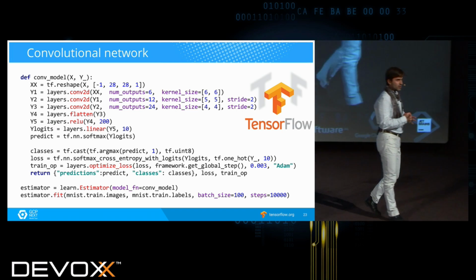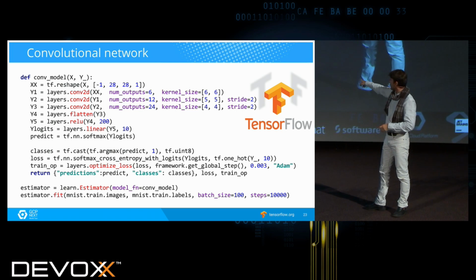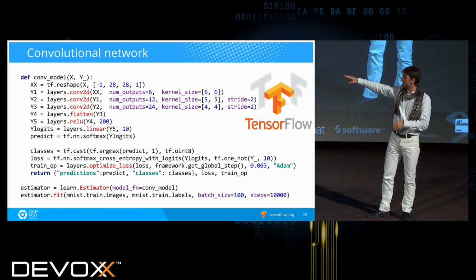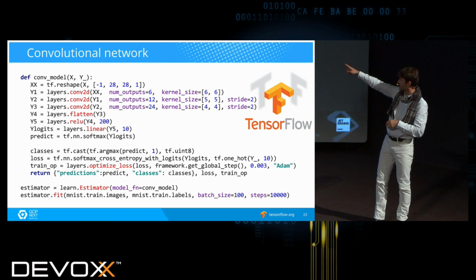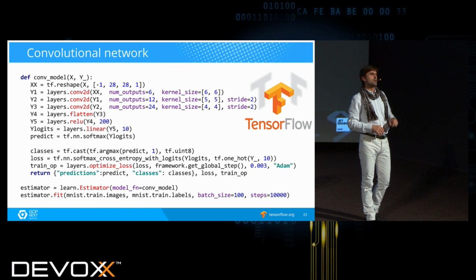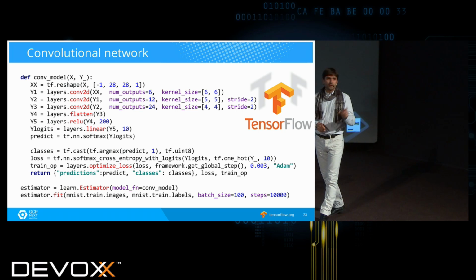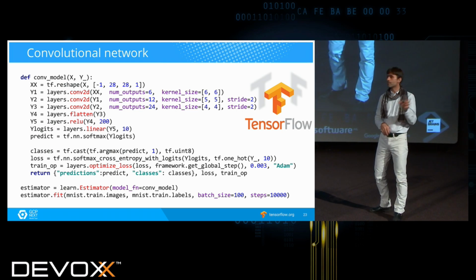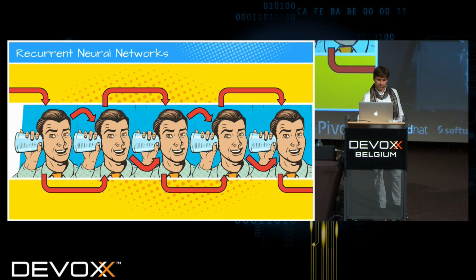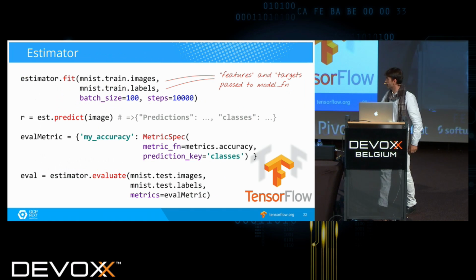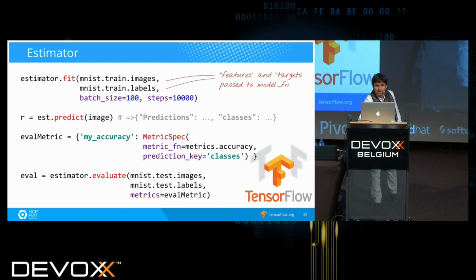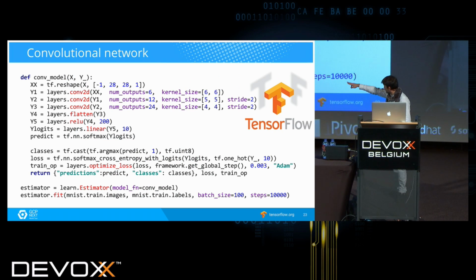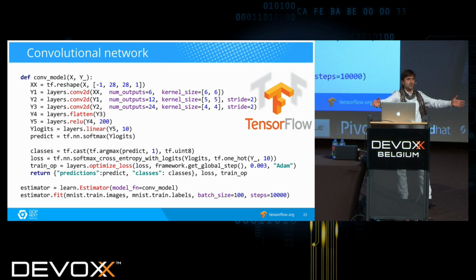There are ways of seeing the learning statistics as well. By default, the fit will give you the learning statistics, but just the loss, because it knows what the loss is. If you need more learning statistics, you define a metric. See, eval metric. Here my model is outputting a dictionary of whatever I want.